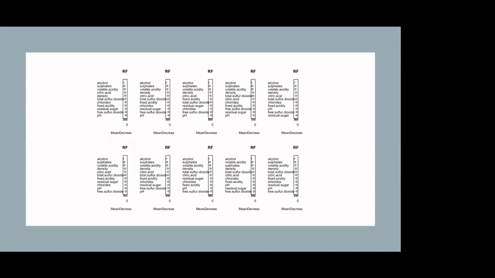Now we check the importance of each predictor in order to improve our test error. We noticed that the pH value and free sulfur dioxide are less important than the other predictors.